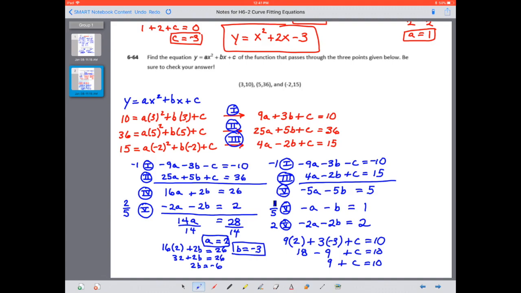So c has to equal 1. And now let's put it all together. y equals 2x squared minus 3x plus 1. And if you graph it on the calculator and look at the table, those points will exist, or if you plug in each of those points, it should make it true.